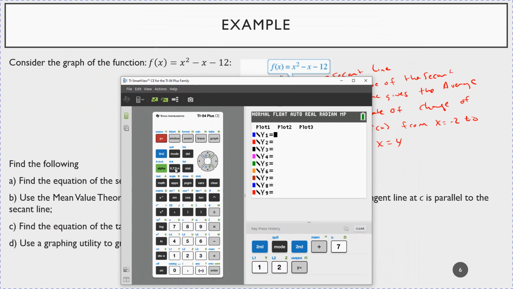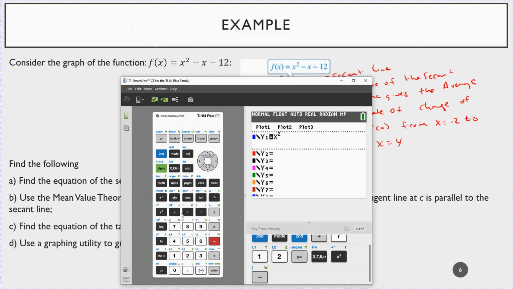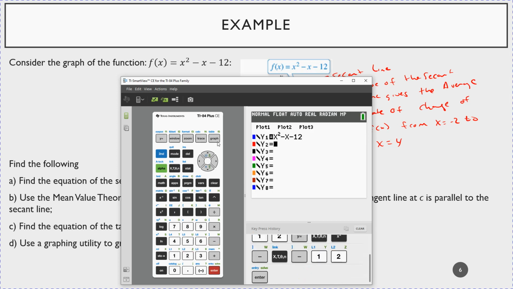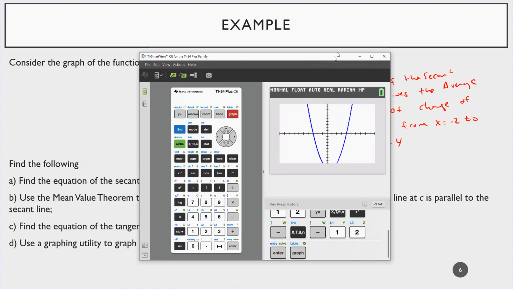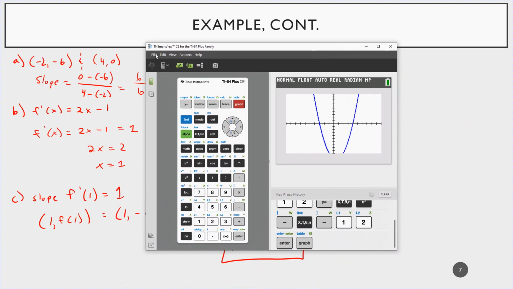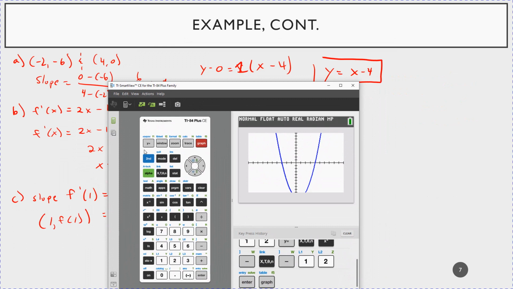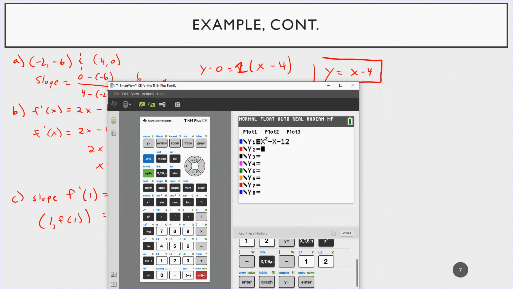So when I do that, just so you can see, here's the graph. It's the same graph as this. Now let me plug in the secant line, all right? The equation we got for the secant line, so this is just y is equal to x minus 4.